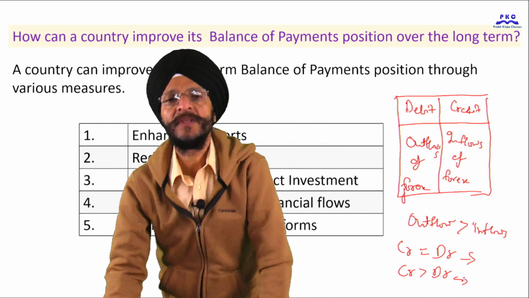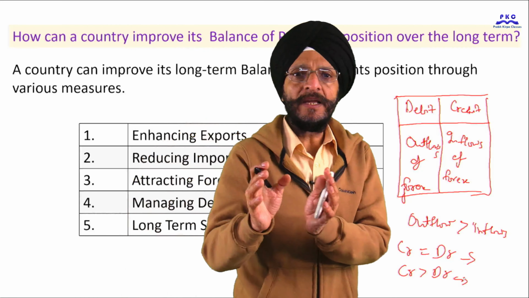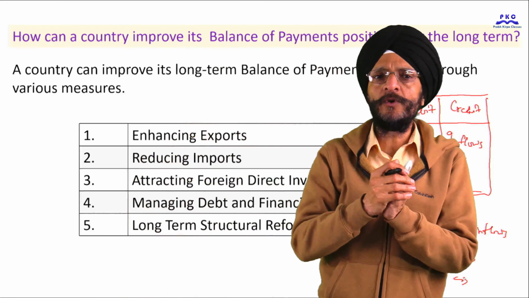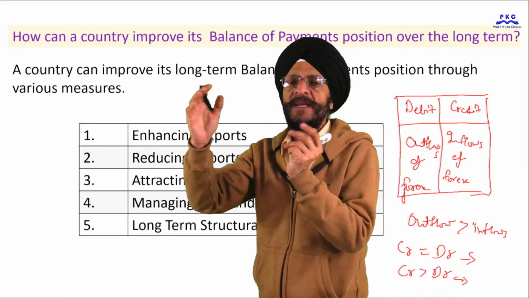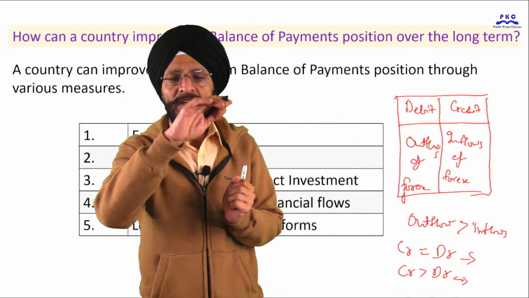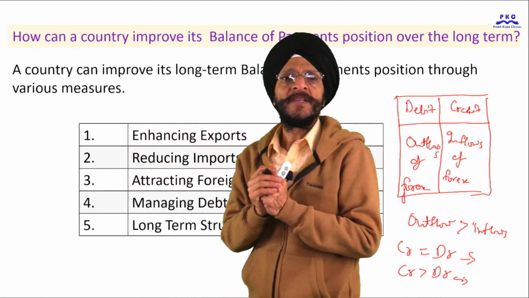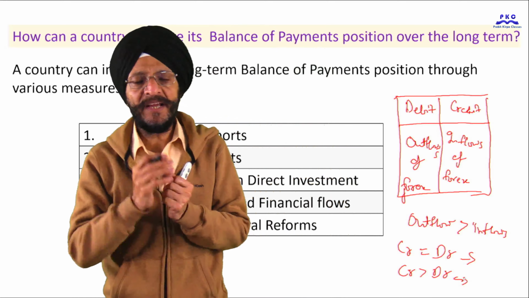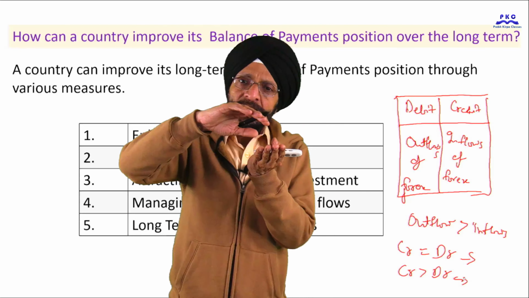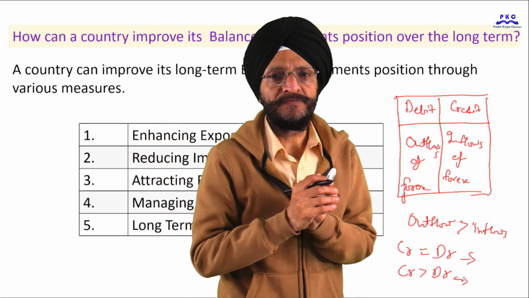When credit is more than debit, that is, inflow is more than outflow, it means there is a surplus balance of payments. When we are talking about improving the balance of payments, it does not necessarily mean that the position has to be either balanced or in surplus.